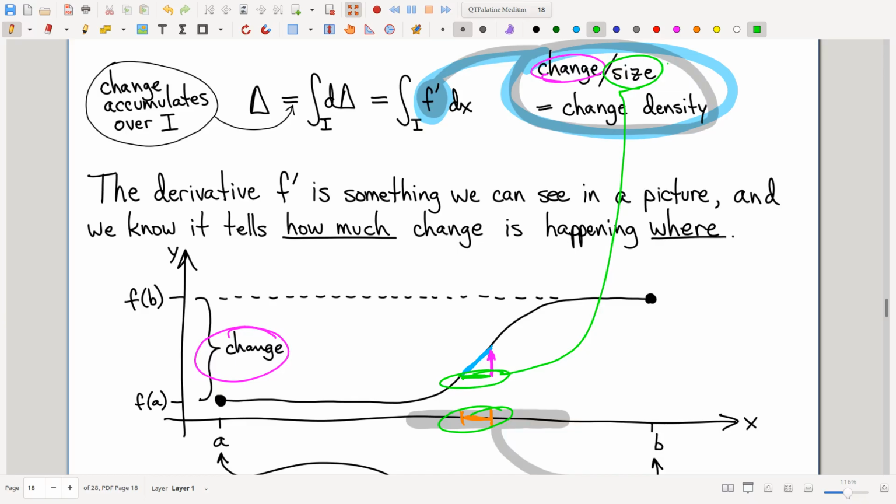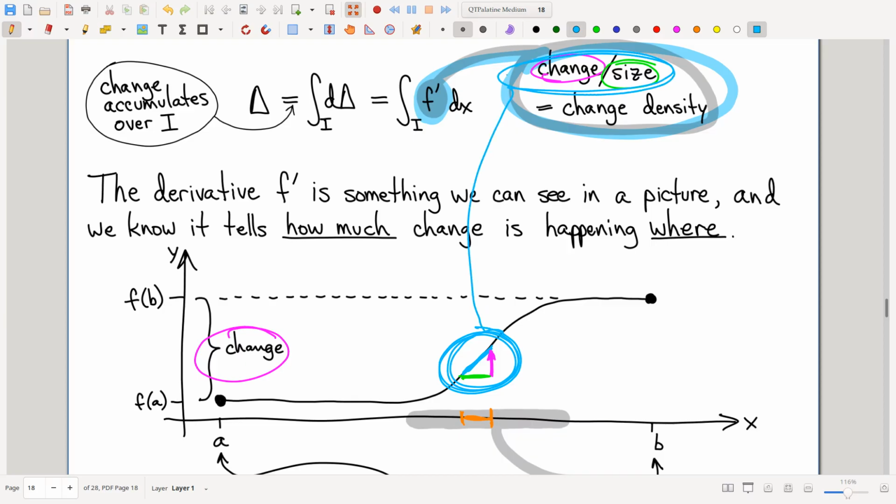So, admittedly weird, but it actually is completely reasonable to think about the derivative, rise over the run, as being change per unit size, and change was our accumulating quantity. Quantity per unit size is a density.